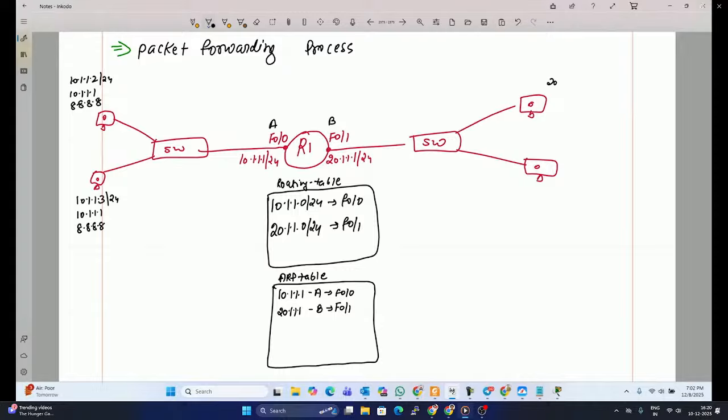Likewise here, 20.1.1.2/24, default gateway is 20.1.1.1, DNS is 8.8.8.8. 20.1.1.3/24, 20.1.1.1, and DNS server is 8.8.8.8.